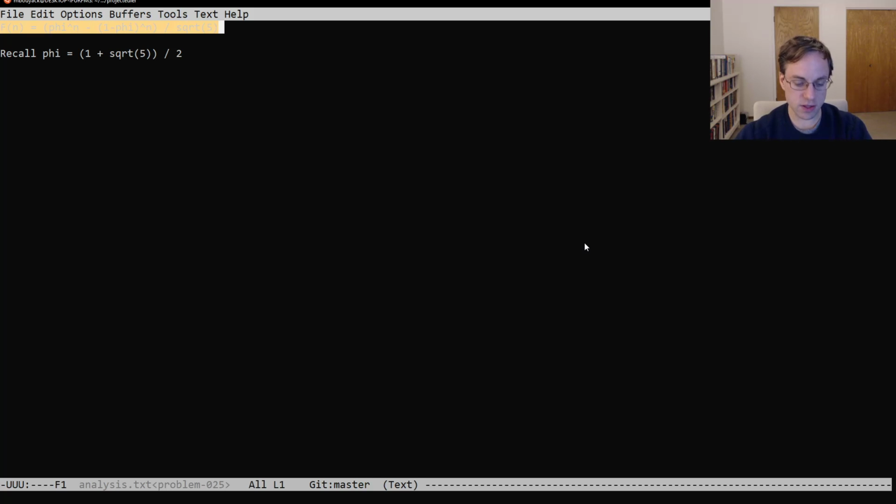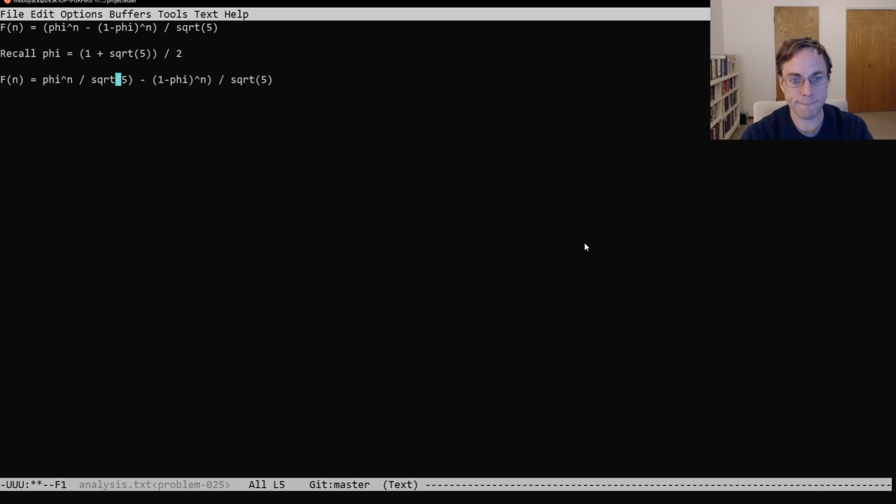Okay, so let's take a look at this expression here. I'm going to divide it into two separate terms: phi to the n over the square root of 5, minus (1 minus phi) to the n, also over the square root of 5. And what we'll notice if we try plugging in some values for n is that this second term becomes small quite quickly. Let me show you how that works.